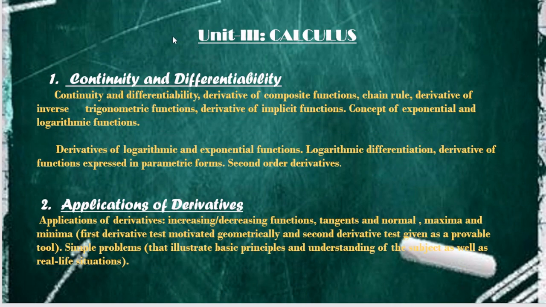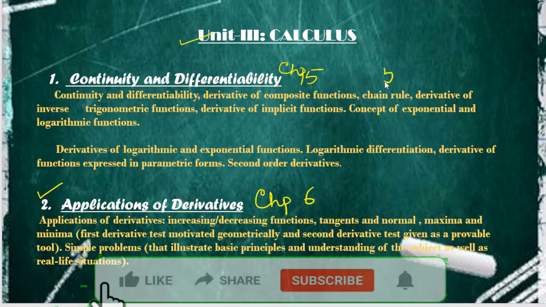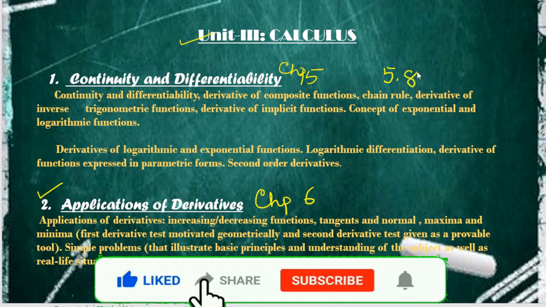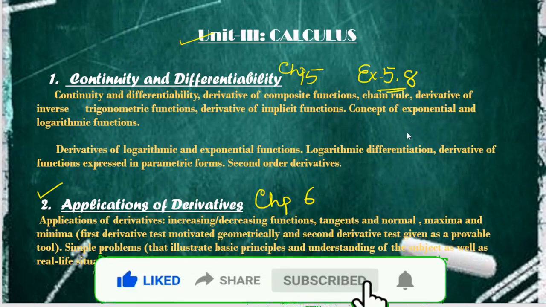Now let's move to the third unit, which is calculus. It consists of continuity and differentiability and application of derivatives. This is chapter 5 of your volume 1, and this is chapter 6 of volume 1. So from chapter 5, exercise 5.8 has been removed.